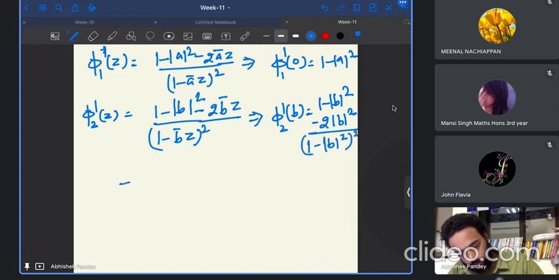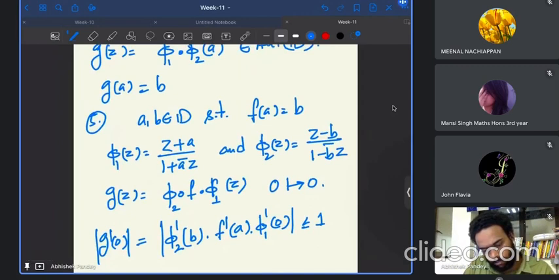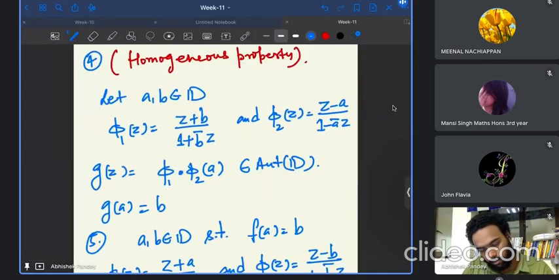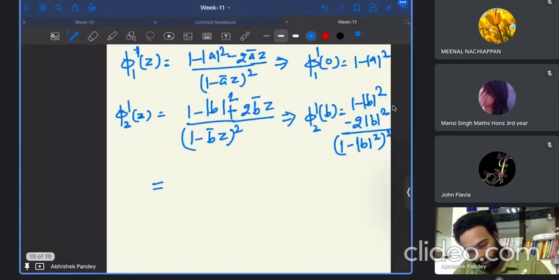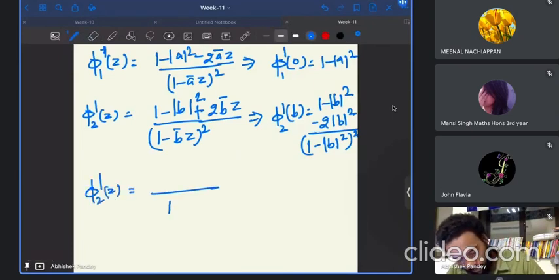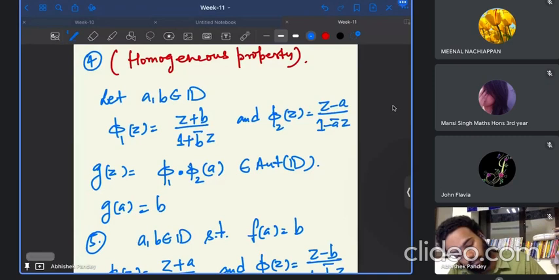Okay, wait, let us calculate. Phi 2 dash of z is (1 minus b bar z) square, so (1 minus b bar z) into the derivative of z, so that is fine.